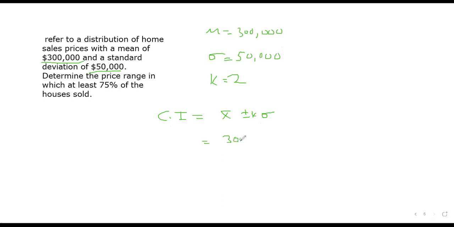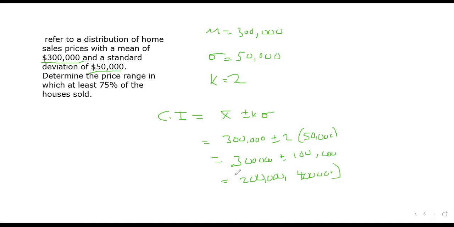So here you're going to have 300,000 plus or minus 2 times 50,000. So this is 300,000 plus or minus 100,000, because we multiply 2 times 50,000, which is 100,000. So what becomes our lower bound? 200,000. And that becomes our upper bound? 400,000. Are we together?